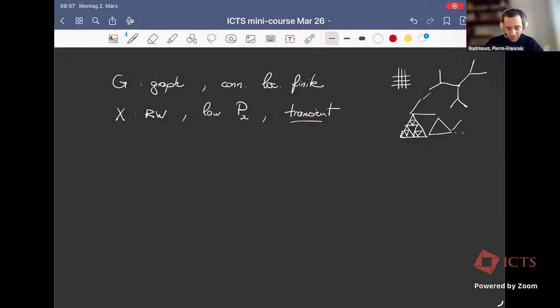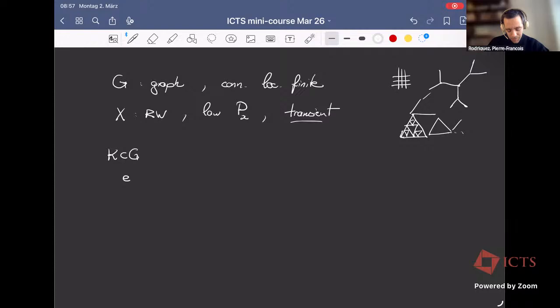Now, I want to introduce a minimal amount of notation, so just bear with me for 2 minutes. If you have a finite subset K of your vertex set, then there are these quantities from potential theory that are always appearing.